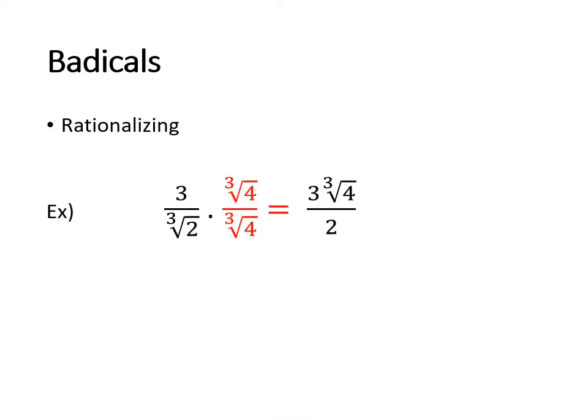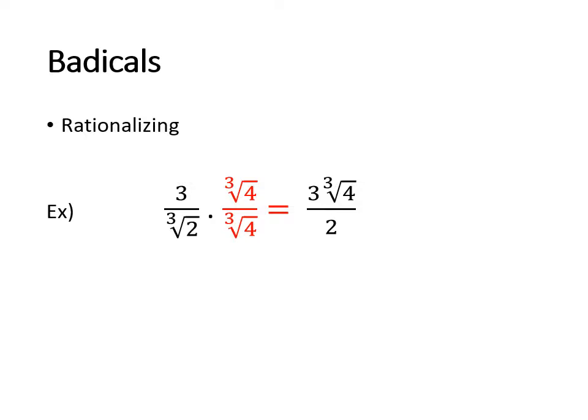So if we want to rationalize something that has an nth root in the denominator, it's not quite the same as when we rationalize something with a square root. The thing we have to multiply by is whatever is just enough to get rid of that nth root.